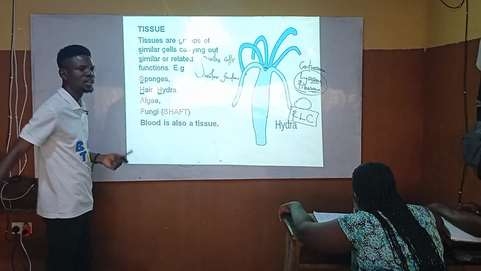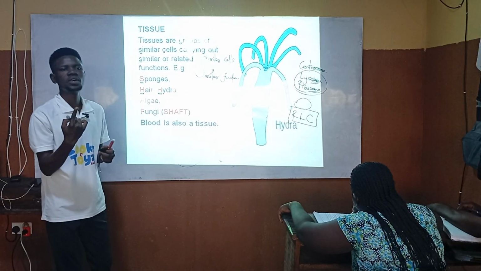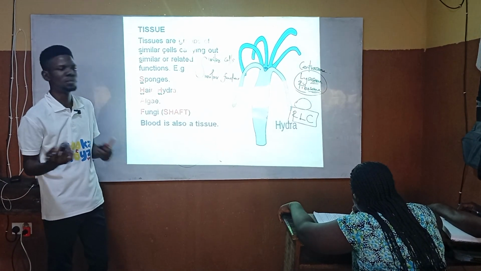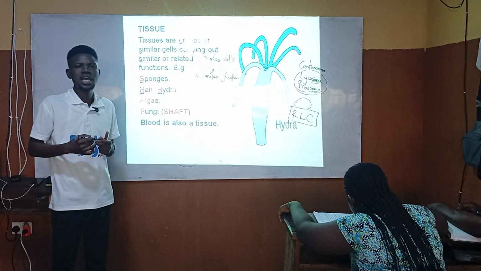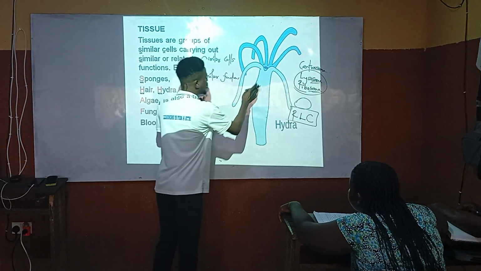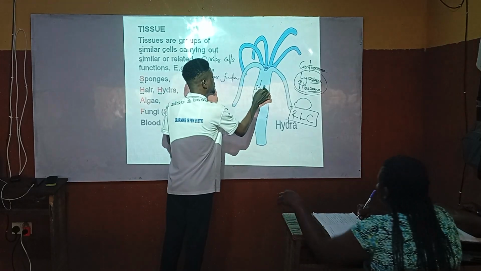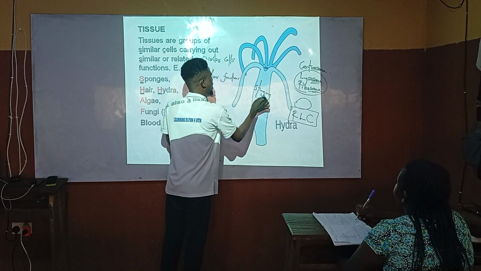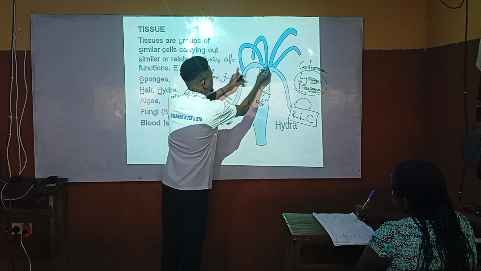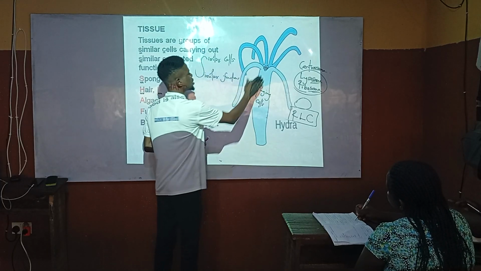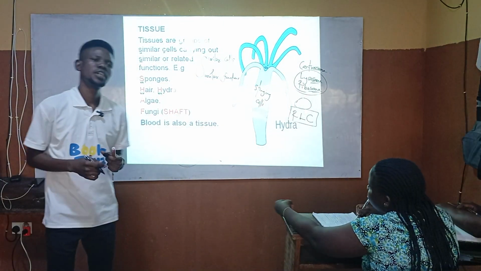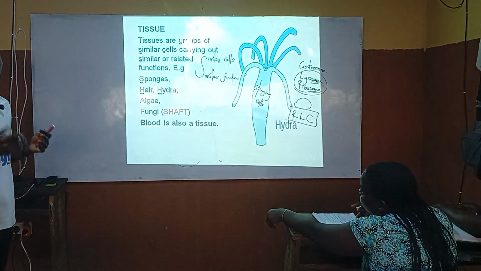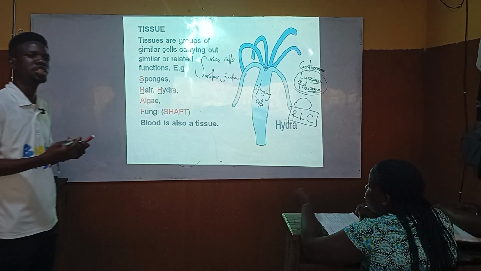Hydra is an organism. It does not exist as a cell, like amoeba or paramecium. It exists as a tissue made up of different cells. As a matter of fact, one of the cells in hydra is called the stinging cells. That's why this organism can trap smaller organisms, sting them, and after that digest. So that means they have a heterotrophic mode of nutrition.